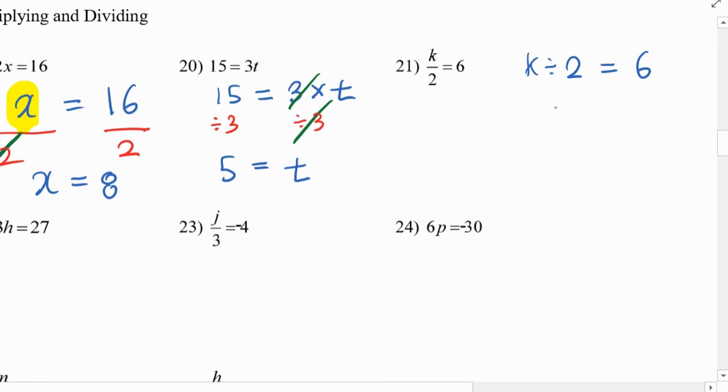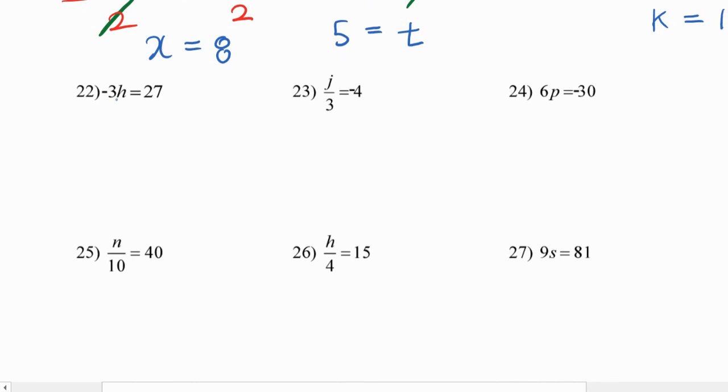What's the inverse operation of division? That is multiplication. So multiply by 2. Alright, then this will be cancelled. And k will be 6 times 2. That is 12. So the answer is 12.